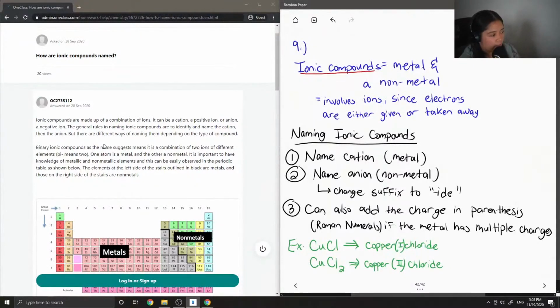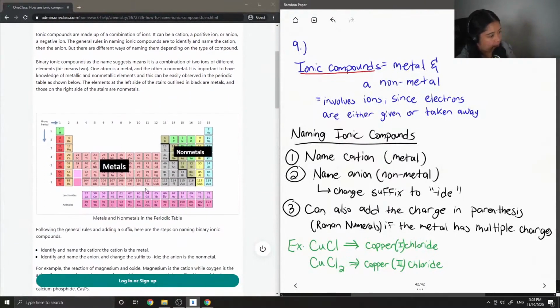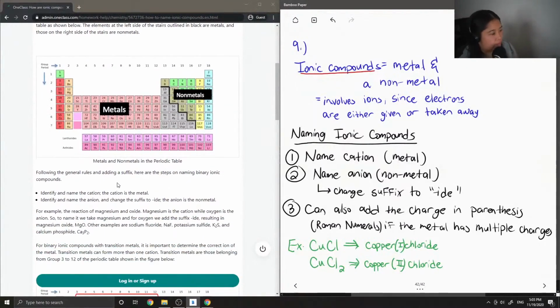Binary ionic compounds, as the name suggests, means it is a combination of two ions of different elements. One atom is a metal, the other is a nonmetal. It is important to have a knowledge of metallic and non-metallic elements, and this can be easily observed in the periodic table as shown below. Okay, so they show all the different metals and nonmetals.